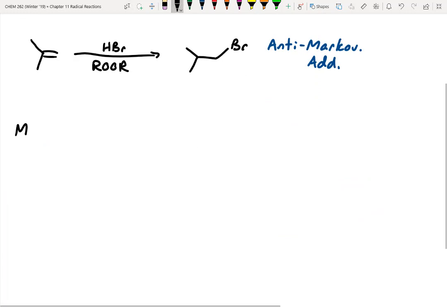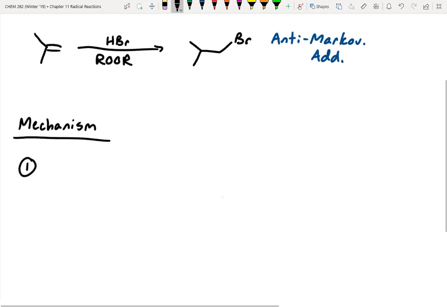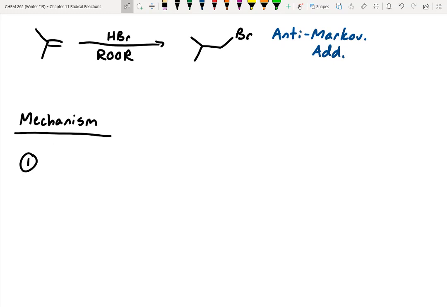All right, so let's do the mechanism. The first step, just like with any of these, is our initiation step. In this case, the weakest bond in our system is in the peroxide.